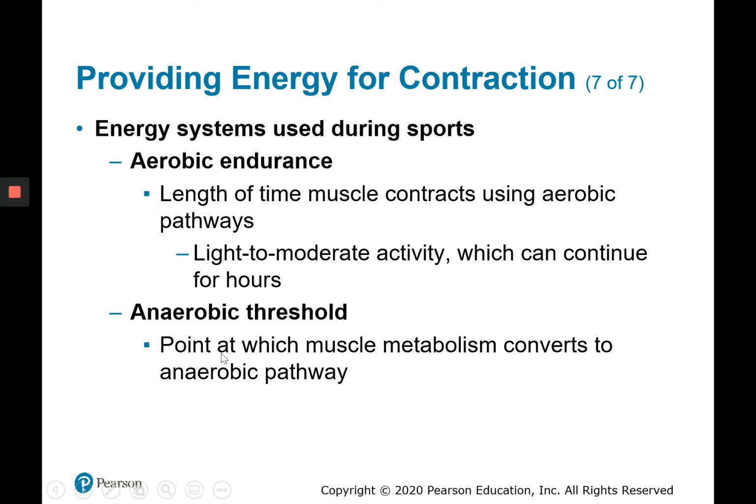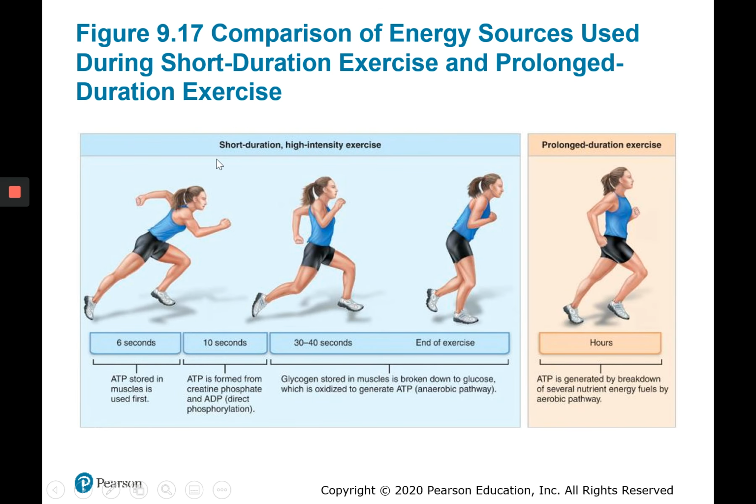Anaerobic threshold is going to be the point at which muscle metabolism converts to anaerobic pathways. So during quick, high-intensity exercises, your body does not have a chance to use aerobic endurance and will instead use anaerobic threshold mechanisms. So during short duration or high-intensity exercise, we're going to use our ATP stores. We're going to use direct phosphorylation of ADP with creatine phosphate because we just want to create ATP as quick as possible for our short duration but high-intensity exercise.